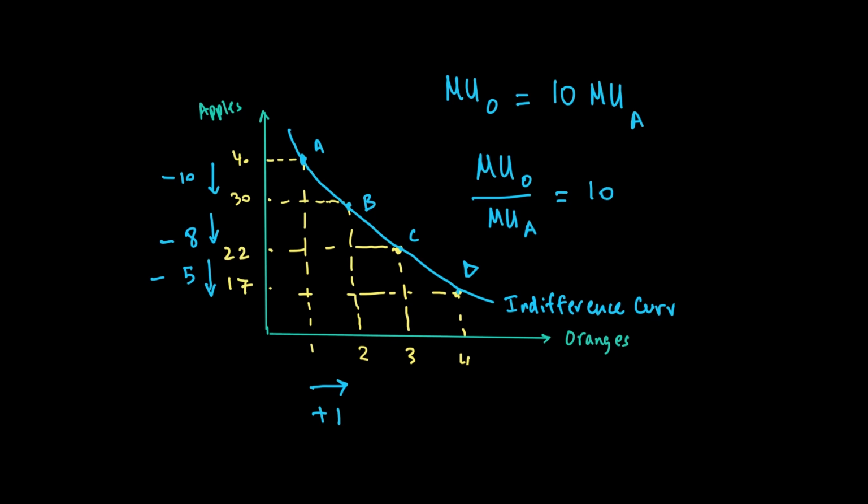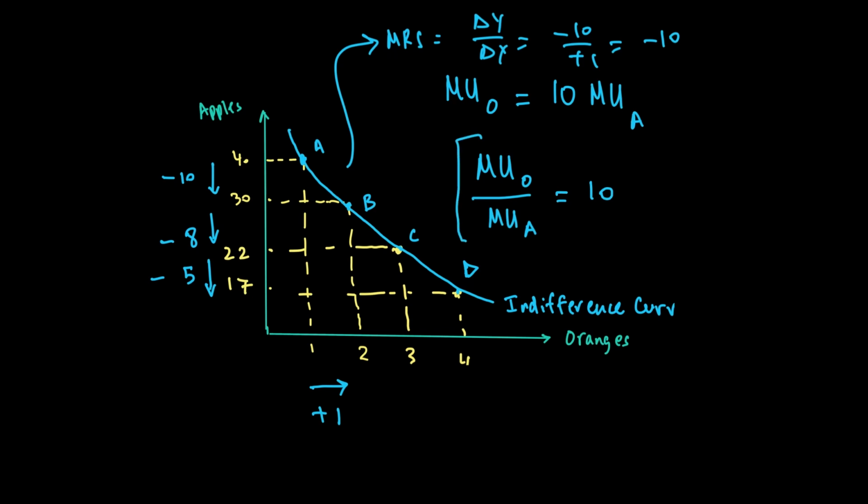Now, this is exactly the value that we found for marginal rate of substitution. If you remember, the marginal rate of substitution was simply the slope, which is change in y over change in x, and we said that the marginal rate of substitution will be -10 over +1, or in other words, it will be -10. So one could argue that MUO over MUA is also equal to the marginal rate of substitution.